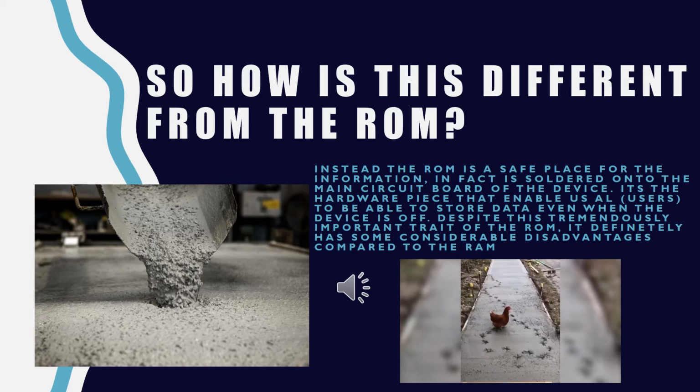Why? Fresh concrete, as you can see in the picture of the hen, on the right of the hen, retains the footprints of the hen, just as the ROM retains information through time, and regardless of electrical flow, so that is why it is a very good example.